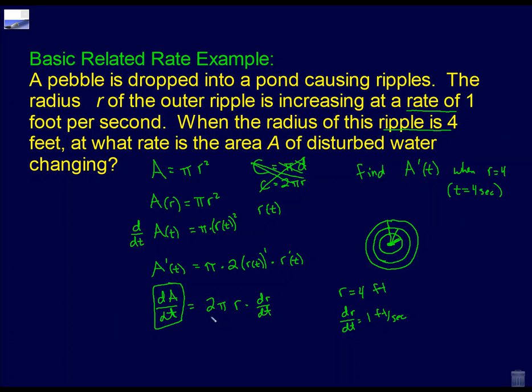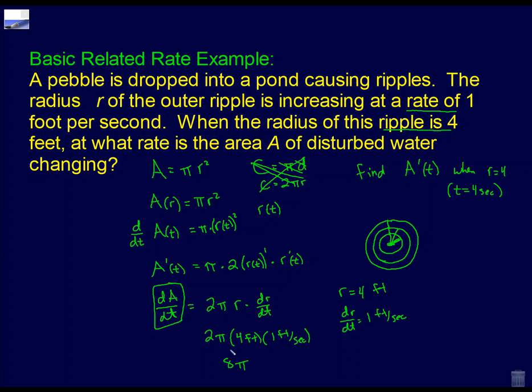And I can now evaluate the right-hand side by putting those numbers in. 2 pi times the radius, 4 feet, times the rate of change for the radius, 1 foot per second. So the numerical value of this is 2 pi times 4 times 1, which is 8 pi.